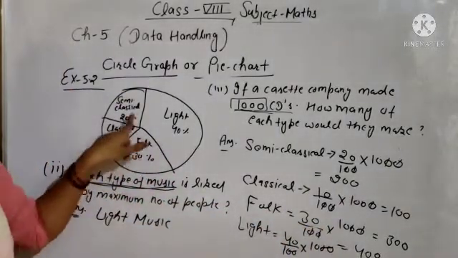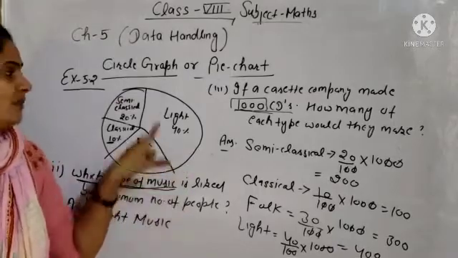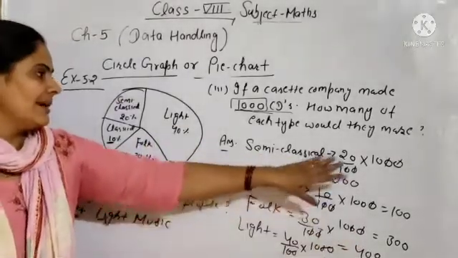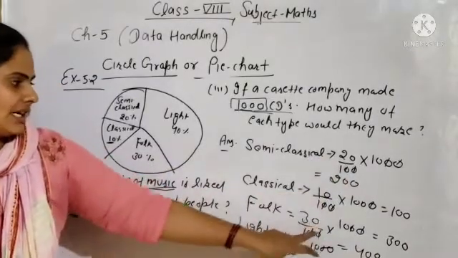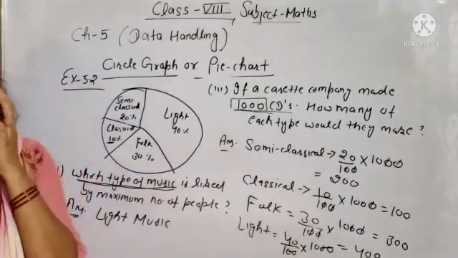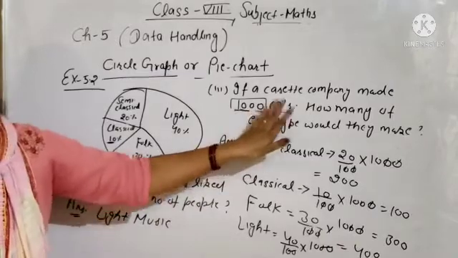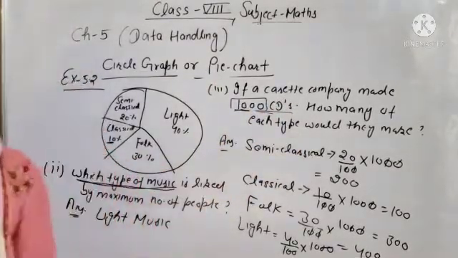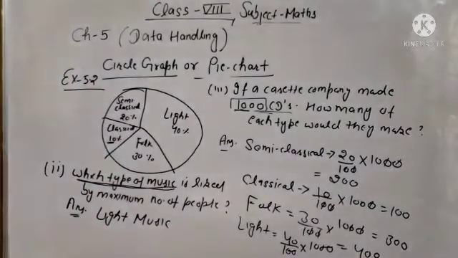All the percentages are given in the circle graph or pie chart. Only you have to find out the percentage of total. Okay. So 20% of total, 10% of total, 30% of total and 40% of total. Total means total CDs. So total are already given. You have to find out each type of CD. How many of each type would they make?